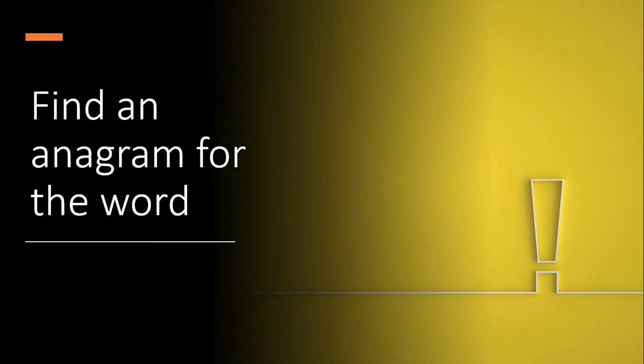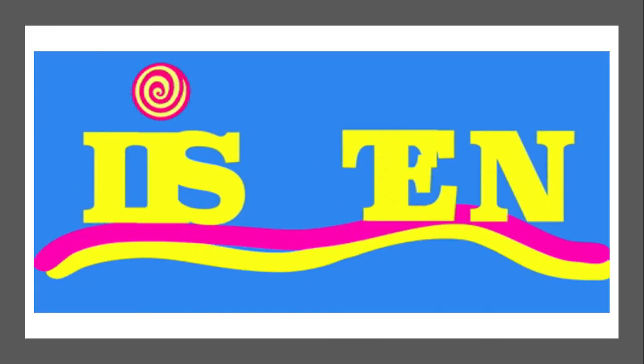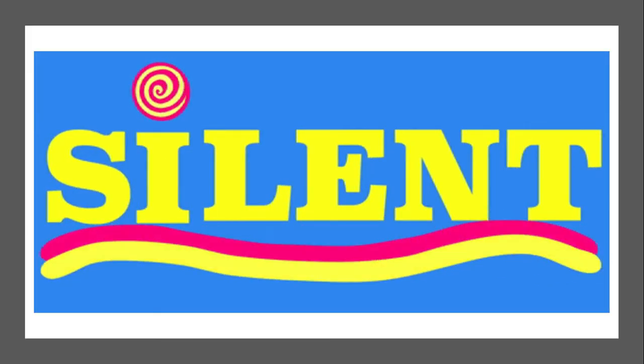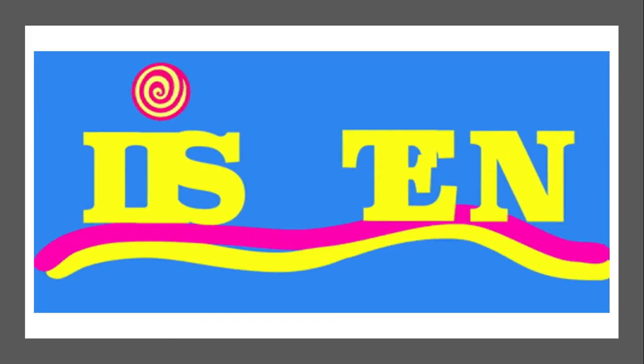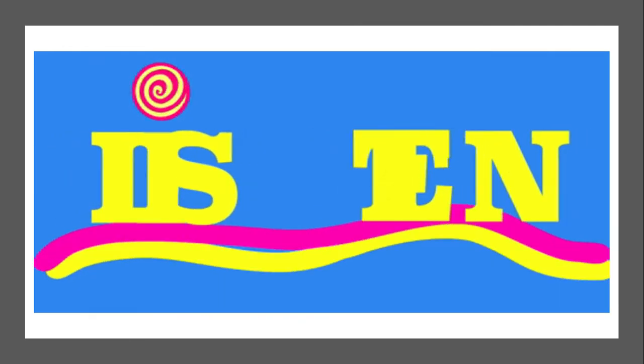Find an anagram for the word listen. One of the anagrams we can make from the word listen is silent. This reminds us that in order for us to listen attentively, we must be silent.